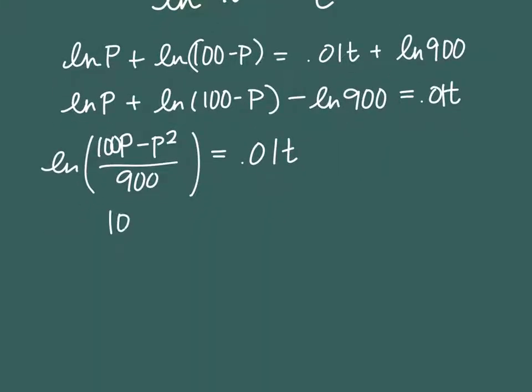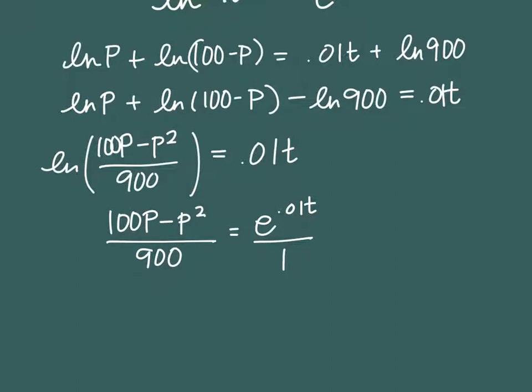So 100p minus p squared all over 900 equals e to the 0.01t. Then you can cross multiply, and we're on the home stretch. You can drop the 1 under and cross multiply.